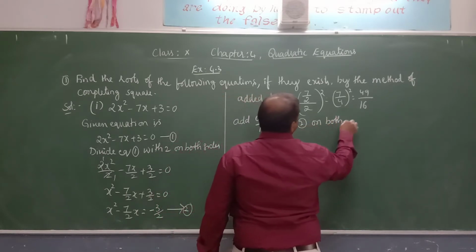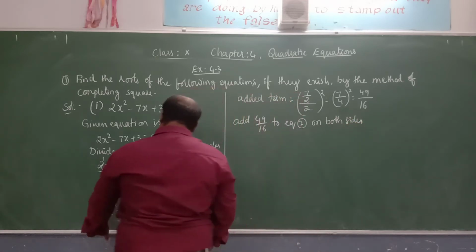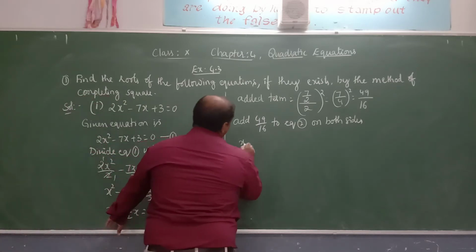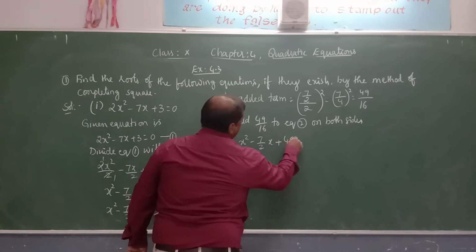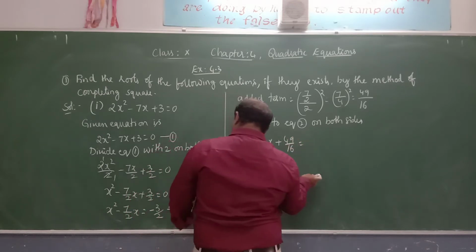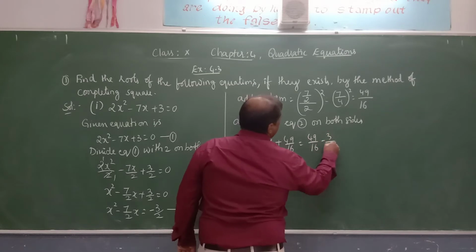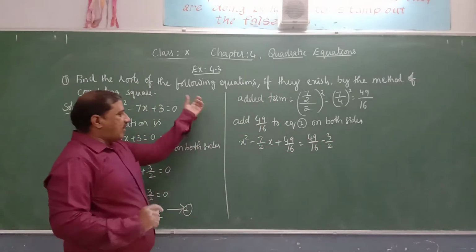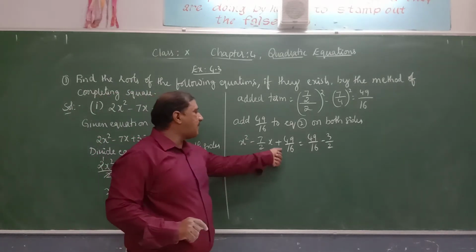So what we get when we add 49 by 16 on both sides of equation 2: x square minus 7 by 2 x plus 49 by 16. It is in the form of a square minus 2ab plus b square.